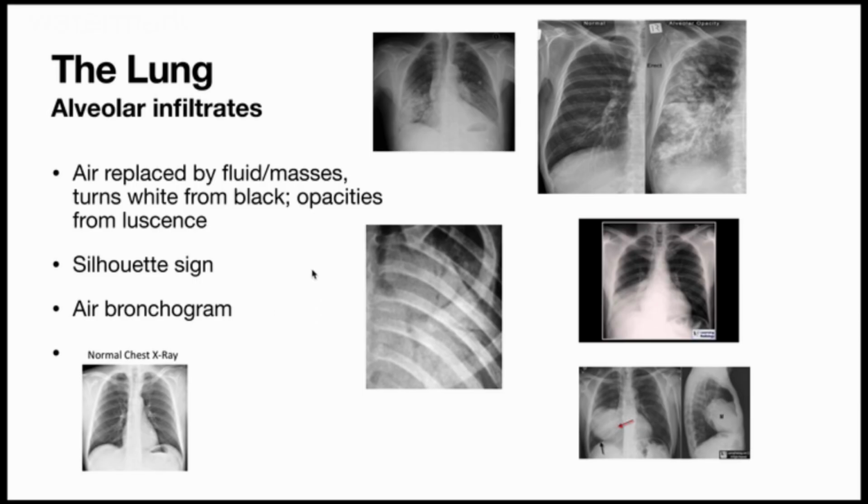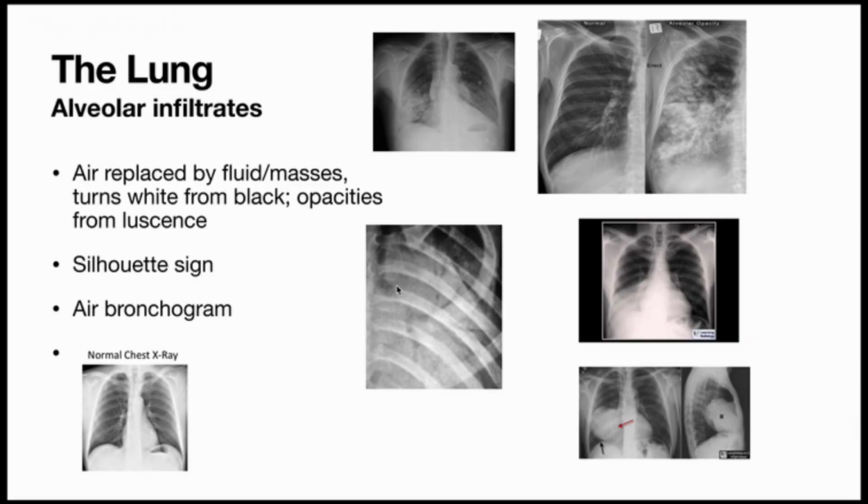So the disease processes that can affect the lung can involve the alveoli, in which we get what is called alveolar infiltrates or airspace infiltrates, and this pretty much is when the air is replaced with fluid or masses and it turns white. Normally, where air is on an X-ray, it appears dark, just like you see it here. But if this air is replaced by either fluid or mass, then it becomes white.